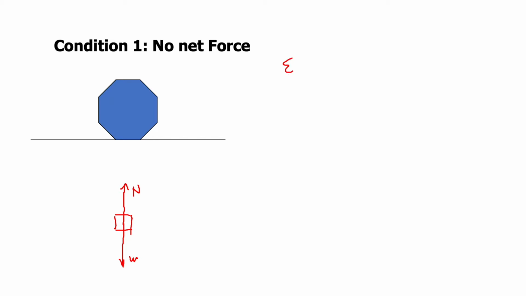The summation of Fx is equal to 0 and the summation of Fy is equal to 0. Since we don't have any x component here, we are only dealing with the y components, so we will just deal with the summation of Fy equal to 0.